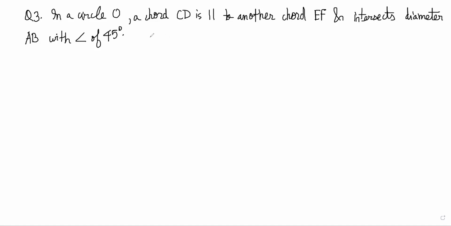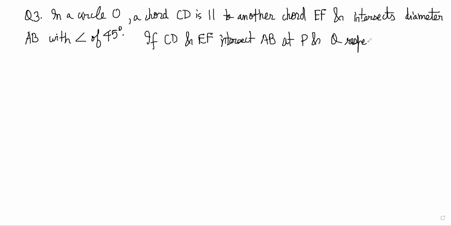If CD and EF intersect the diameter AB at P and Q respectively, and the radius of the circle is 1.